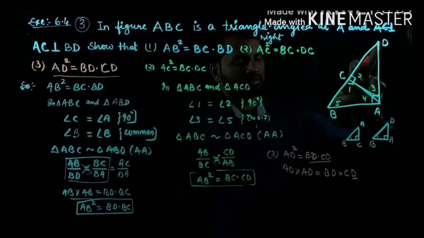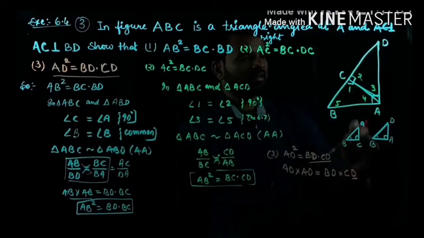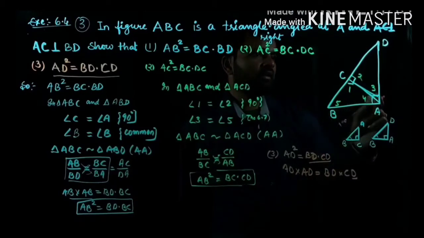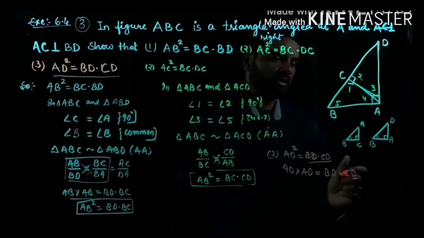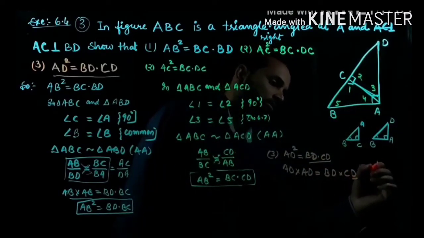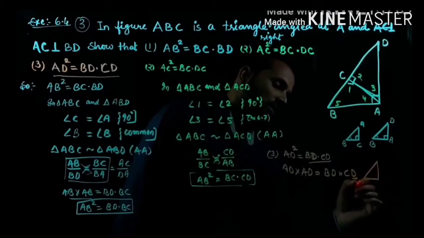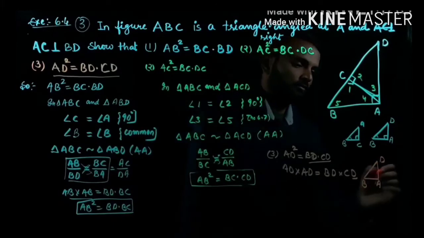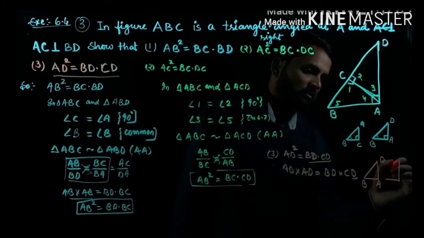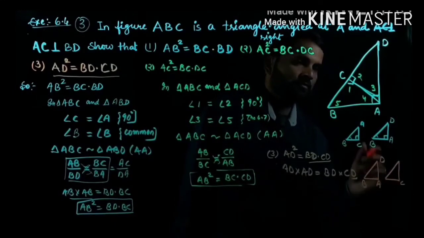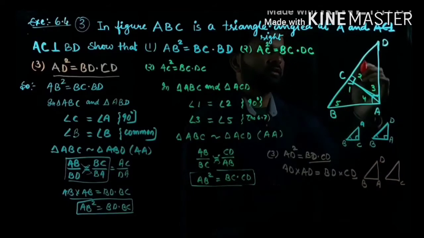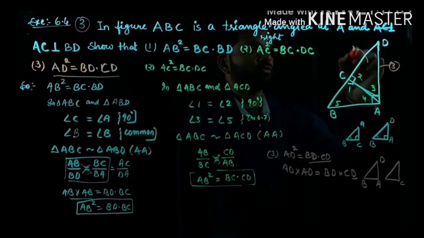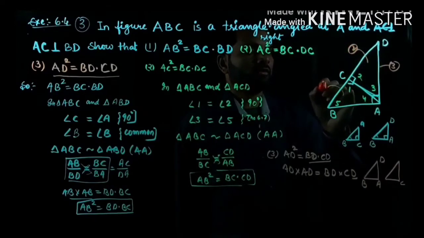B and D, this side, and CD. AD, this is this. So in this question you have to choose two triangles again. BAD is the big triangle and the small triangle will be the upper triangle, the main triangle is number 3, this is triangle 2 and this is triangle 1.